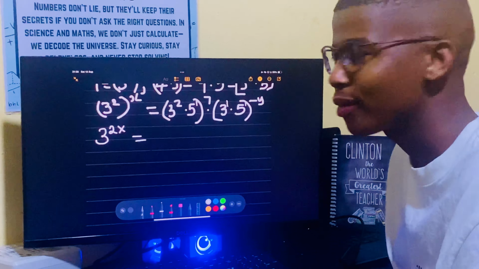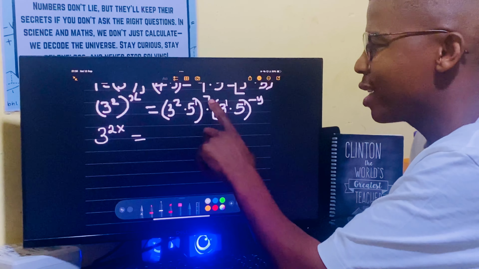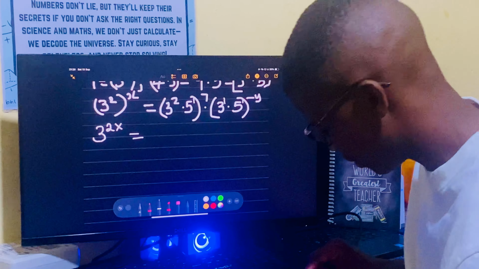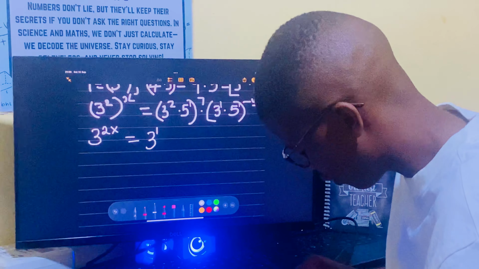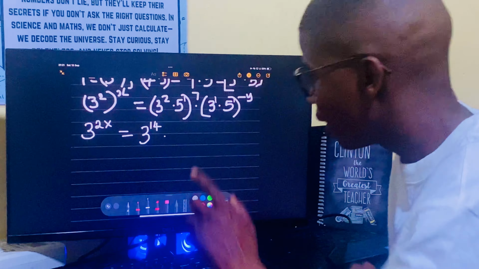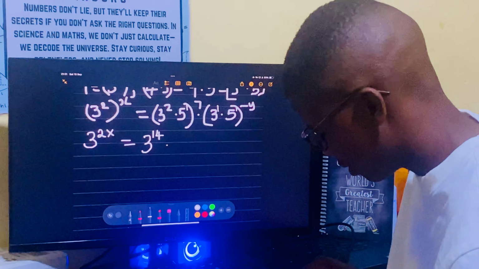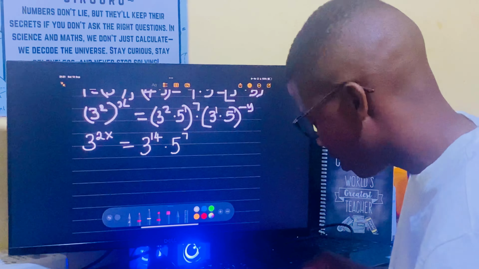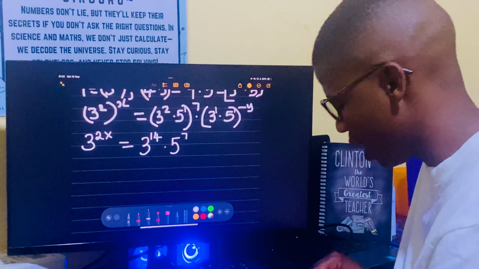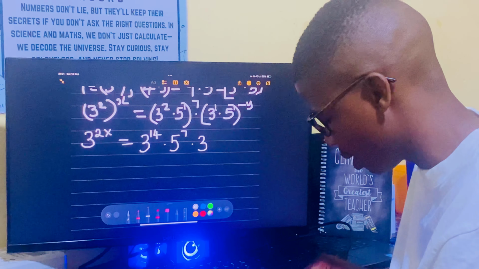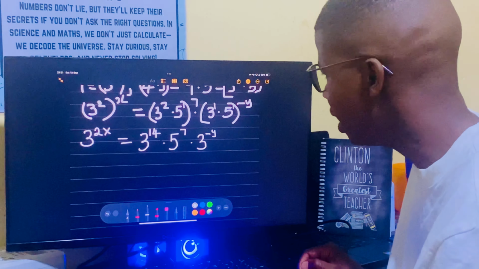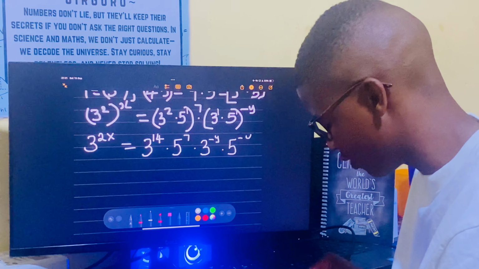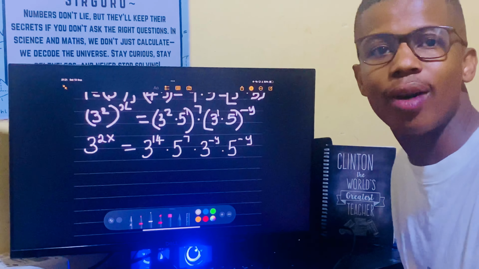Then 2 times 7 is 14, which means I'm going to have 3 to the power of 14. 1 times 7 is 7, so I'm going to have 5 to the power 7. 1 times negative y will be negative y, so I'm going to have 3 to the power negative y, and 5 to the power negative y.